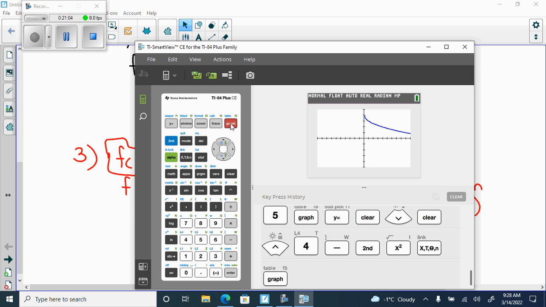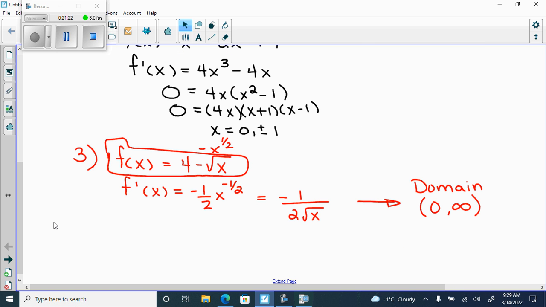So my point is that the non-permissible values can still be critical numbers on the original, correct? So what's the critical number on this original one? 0, isn't it? Because the maximum happens at 0. So even though down here it doesn't exist on my first derivative, if I drew my first derivative graph, I would have an open dot at 0.